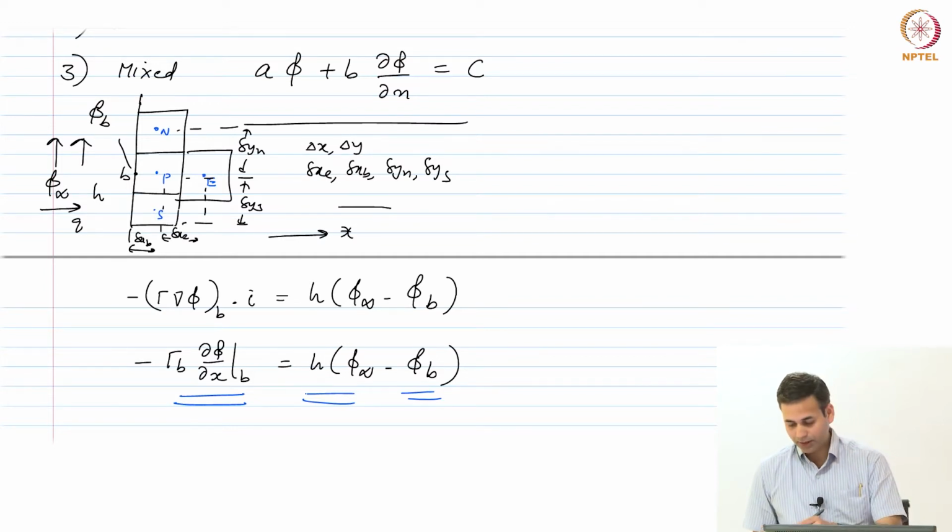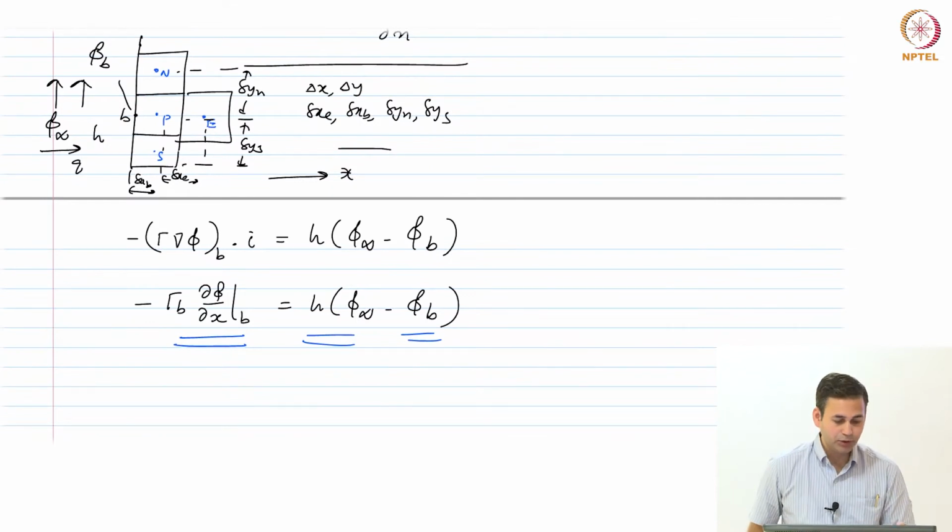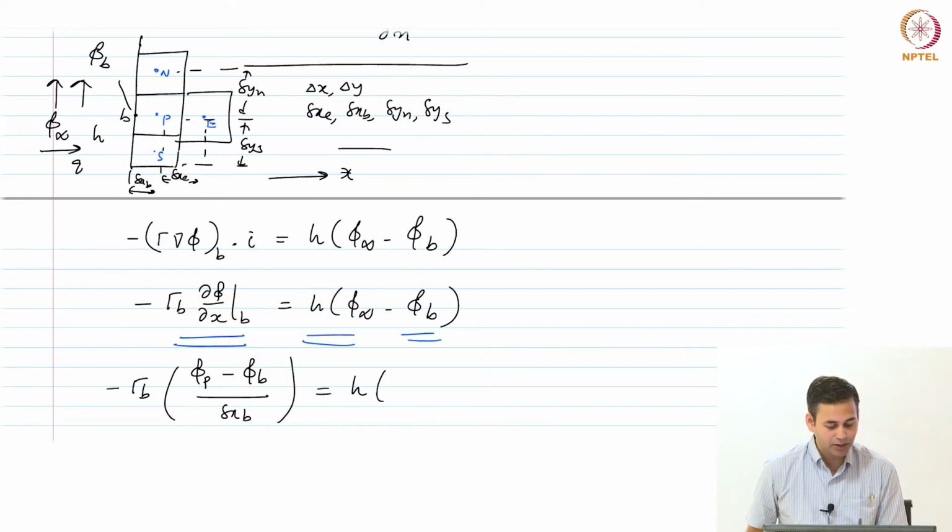We know that minus gamma b times the partial phi partial x at b can be written in terms of P and the boundary value: phi p minus phi b upon delta x b, equals h times phi infinity minus phi b.